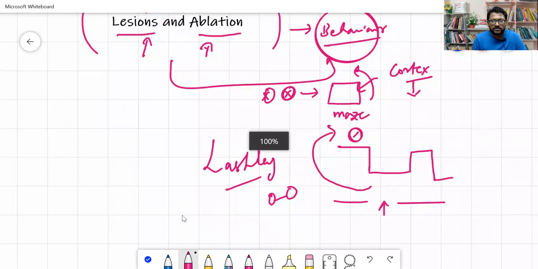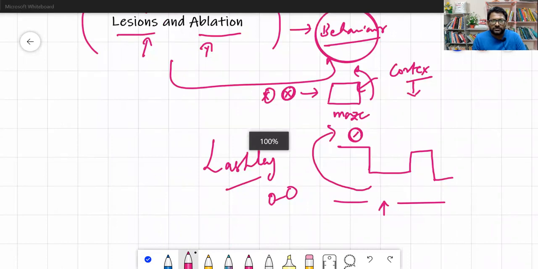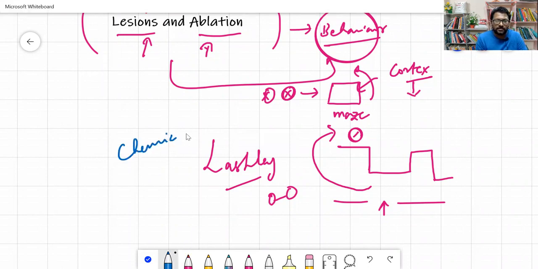It also includes lesions by application of chemicals or drugs. So this is about lesions and ablations.